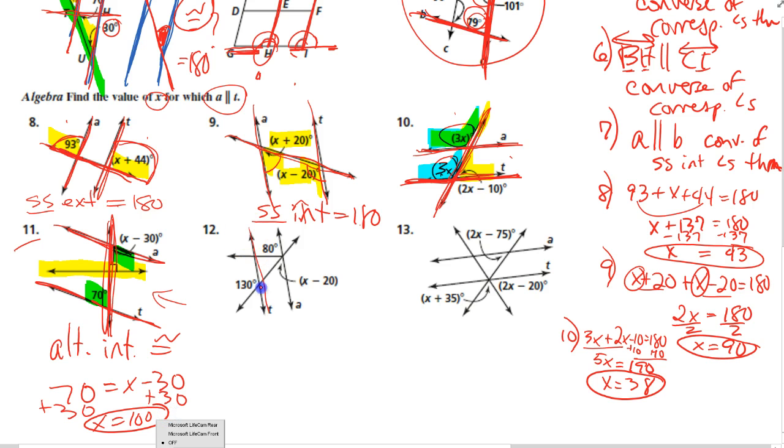A and T are the things that I care about. Those are what I'm trying to prove parallel. Now, they're telling me something about this angle in here. All right, well, if that's the angle that they're talking about, if I knew anything about this angle, then they would be supplementary.